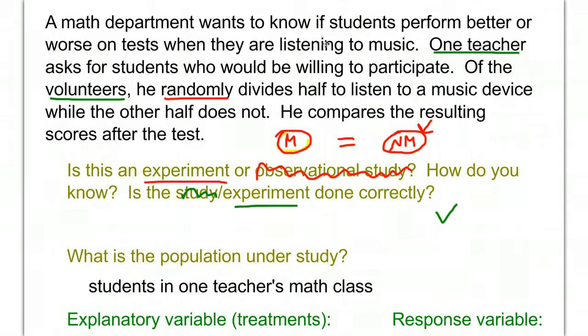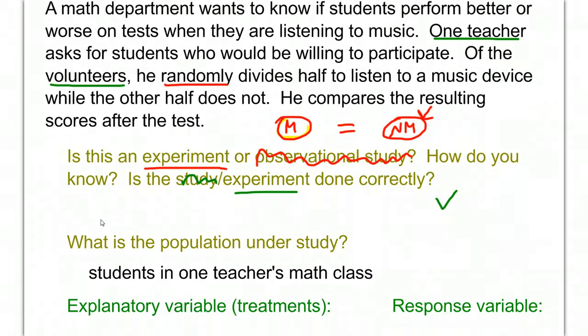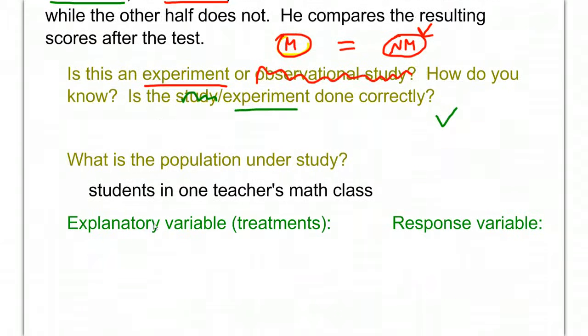The math department wants to know if students perform better or worse on tests when they're listening to music. Half the students that volunteer are going to listen to music during the test. The other half are going to have no music. And we want to see how those results compare. Since this is an experiment, we can look at an explanatory variable, our two treatments, and they're going to be music and no music.